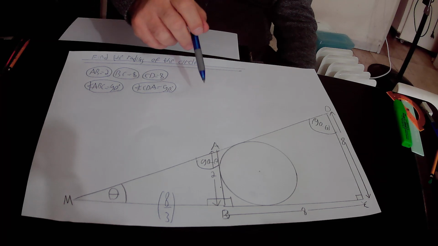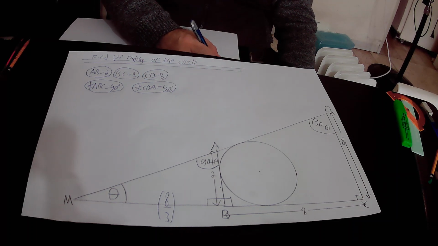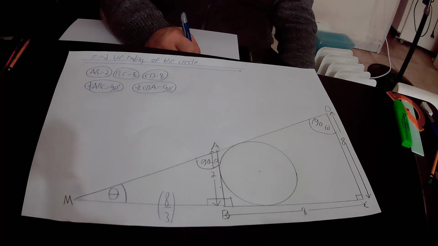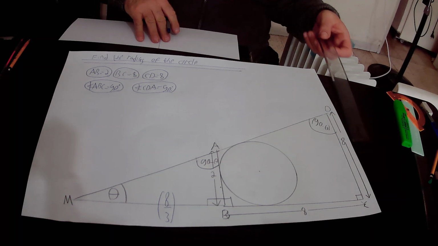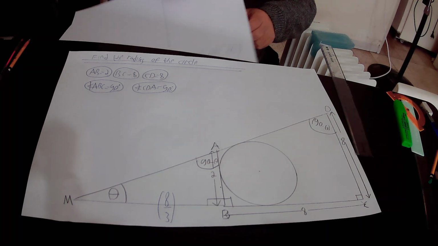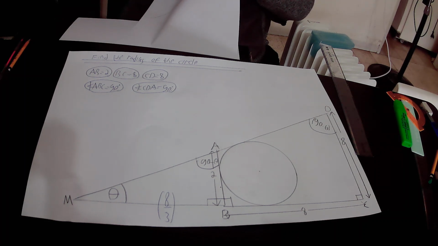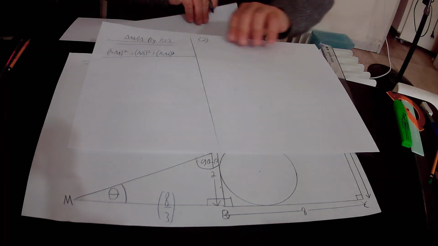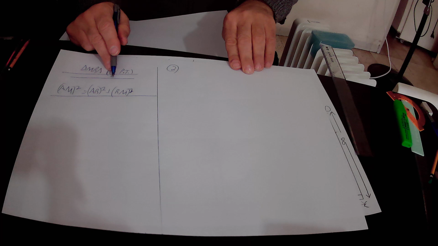The hypotenuse in the right triangle MBA is AM, therefore AM squared must equal AB squared plus BM squared. Repeat again, according to the Pythagoras theorem in the right triangle MBA, AM squared equals AB squared plus BM squared.